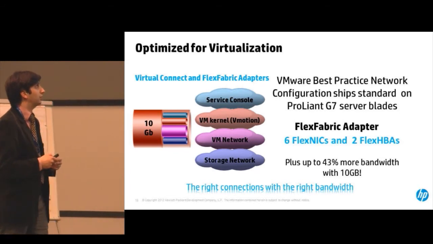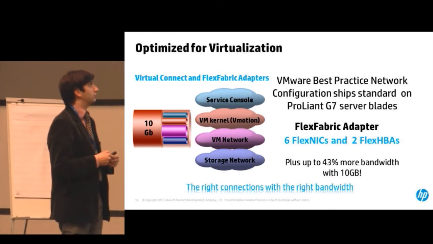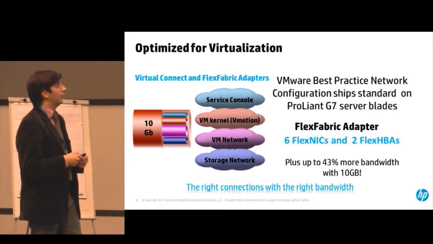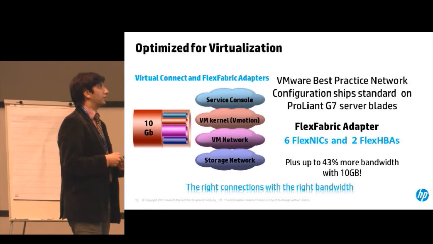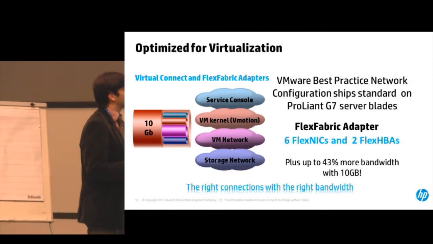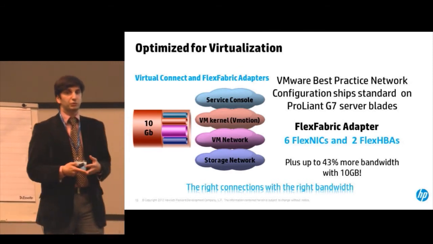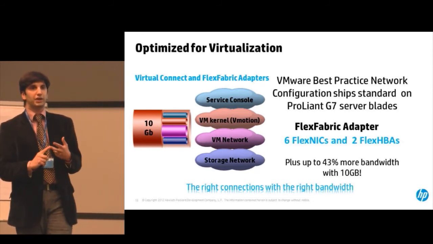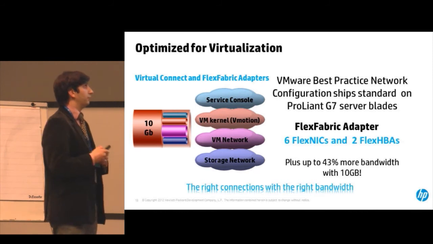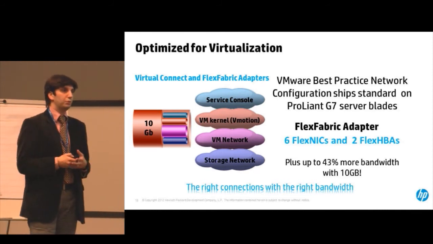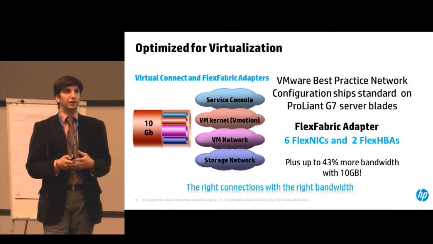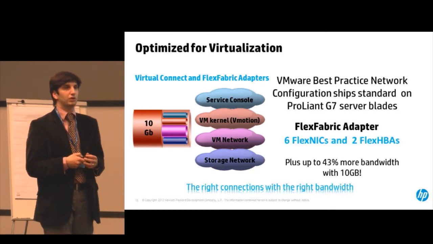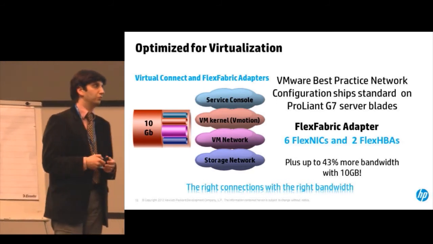You get the separate network for the service console, you get your vMotion network, you get your virtual machine network, and you have your storage connections, just with the standard integrated ports. So no more additional adapters, no more additional switches, no more additional cables, and that kind of stuff. And by the way, to use fiber channel over Ethernet on the Flex Fabric ports, you do not have to buy an additional license. It's enabled by default.